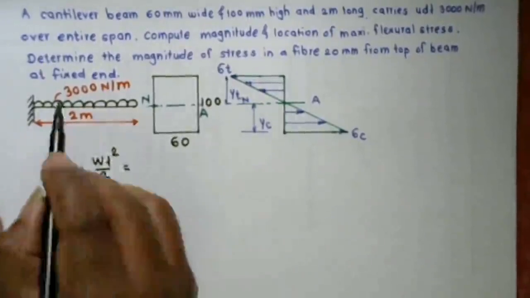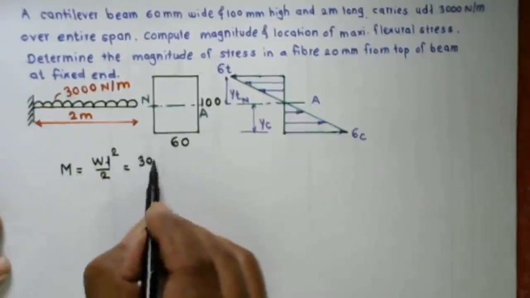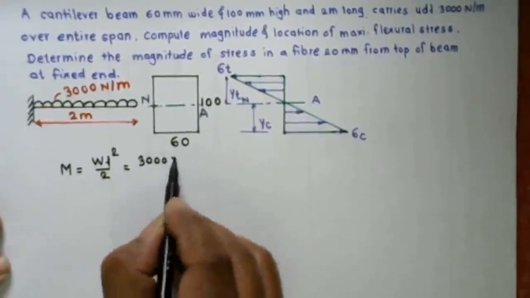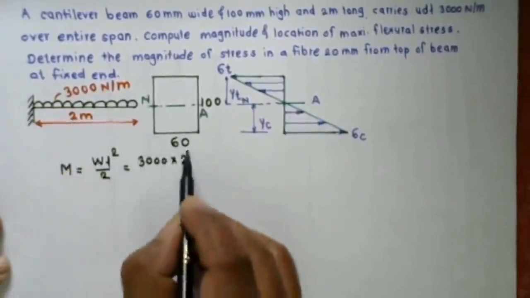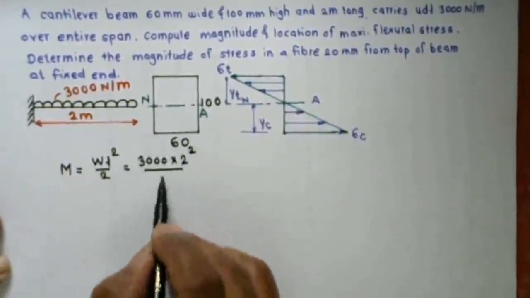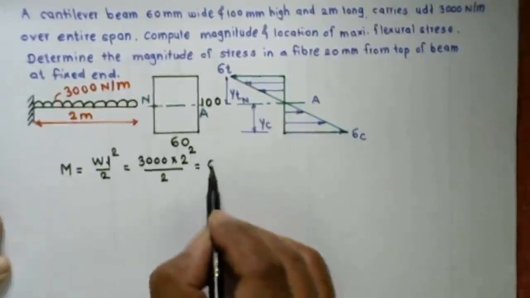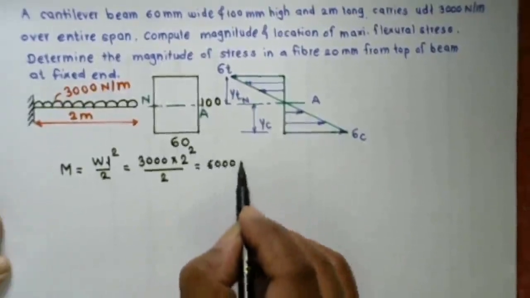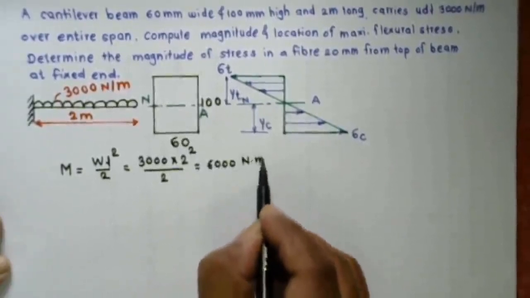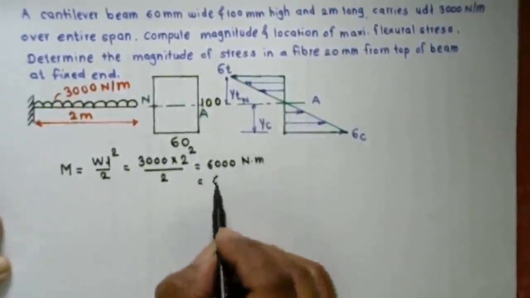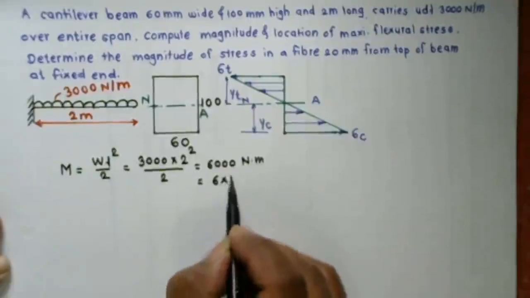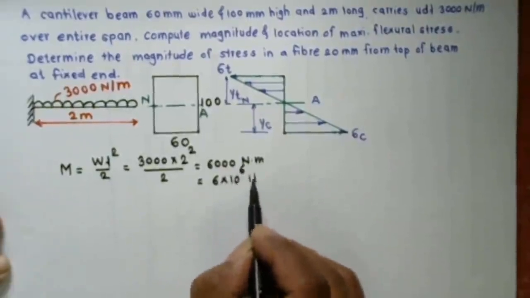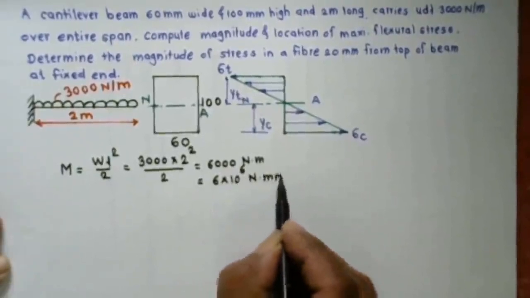So W is 3000 Newton, L is 2 meters, squared, divided by 2, so this becomes 6000 Newton meter. Now we convert into Newton mm: 6 into 10 raised to 6 Newton mm.